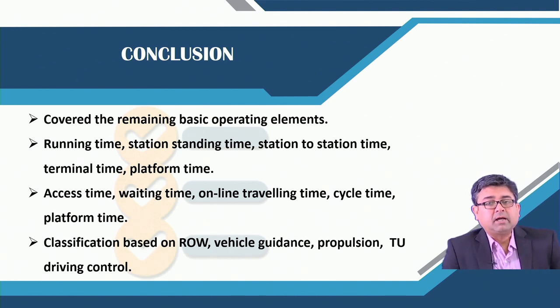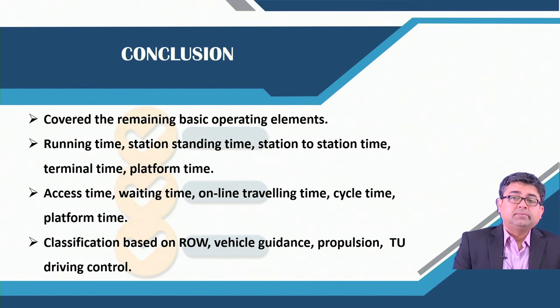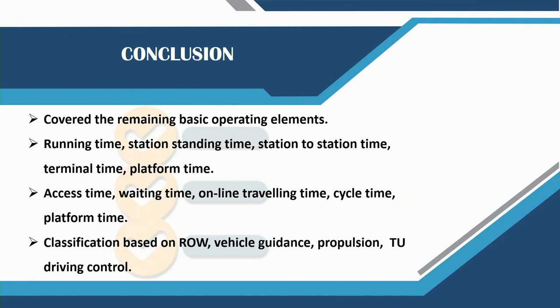Now that we come to the end of our basic operating public transportation module, we have covered in this lecture all the other elements such as the running times and the different types of times involved, such as station standing time and station to station time.